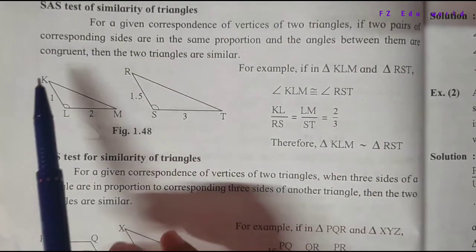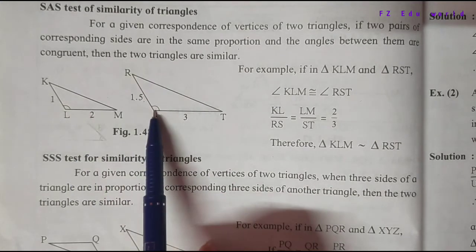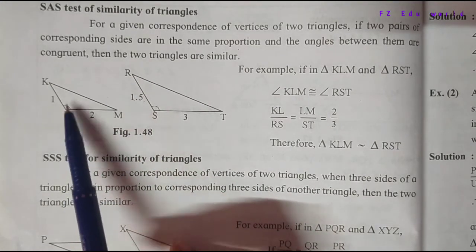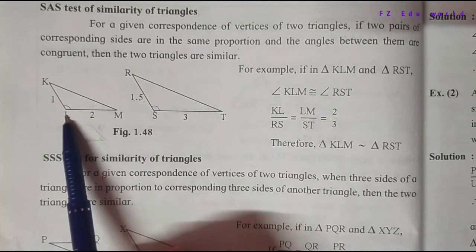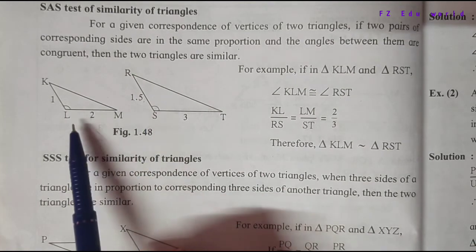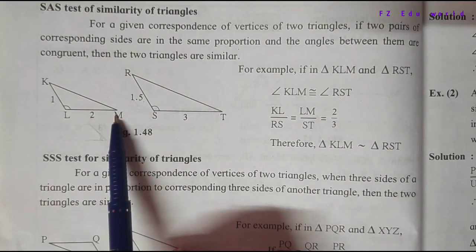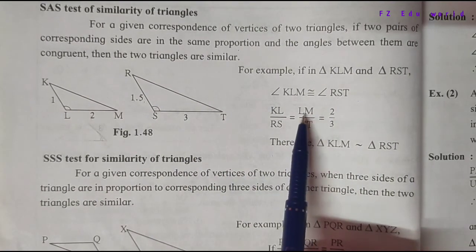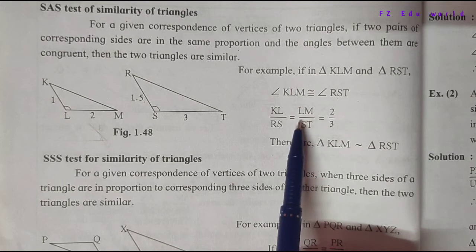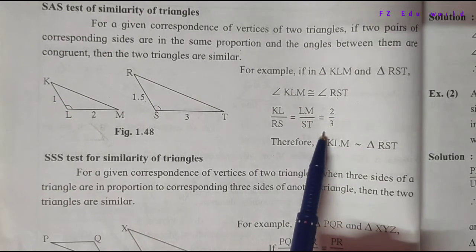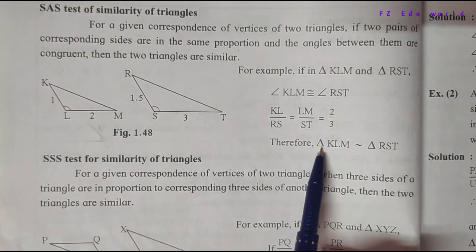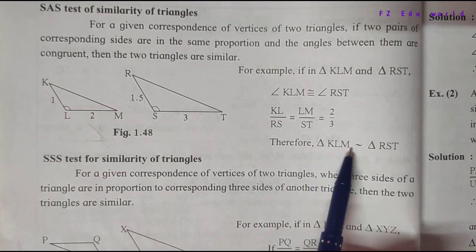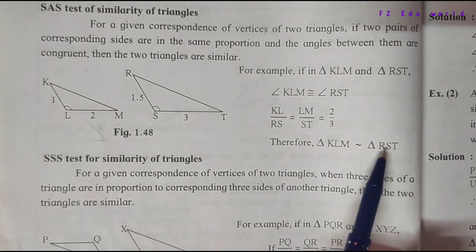So KL upon RS. We will take corresponding sides in ratio. KL upon RS is equal to LM upon ST. It satisfies the same ratio, 2 upon 3, therefore triangle KLM is similar to triangle RST.